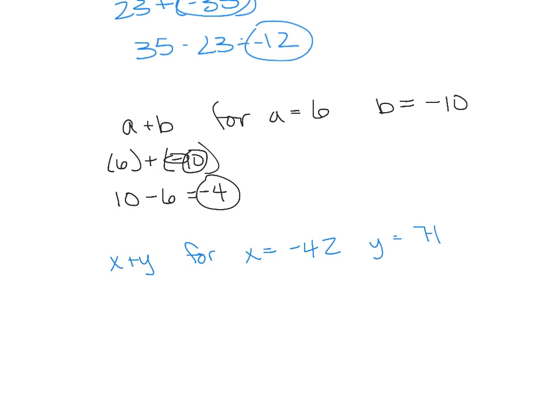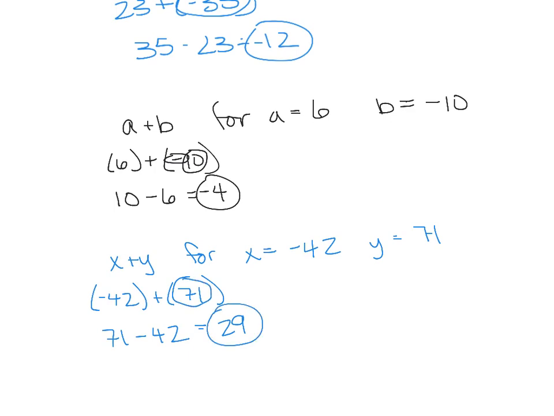So, if x is negative 42, we put that in parentheses, plus y is 71. They have different signs, so we are finding the difference, which is subtracting. And we get 29. Now we have to look. Which number is bigger if they were both positive? 71 is, and it's positive, so the answer is positive 29.